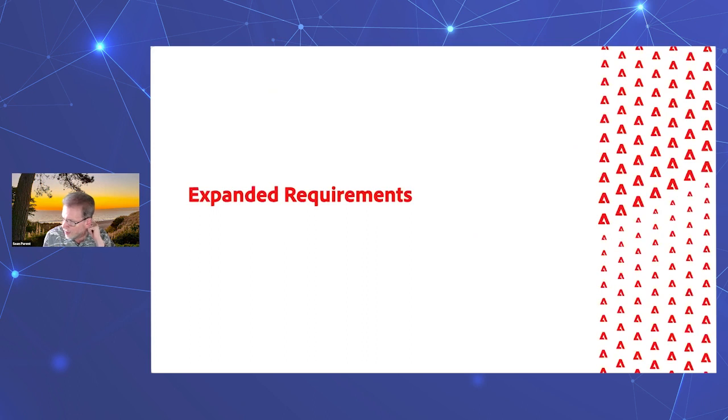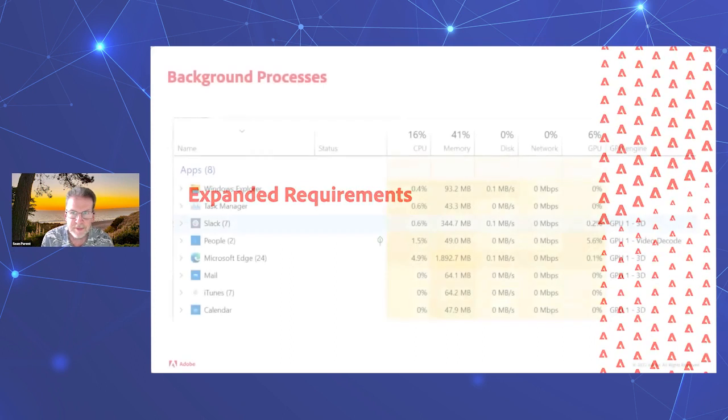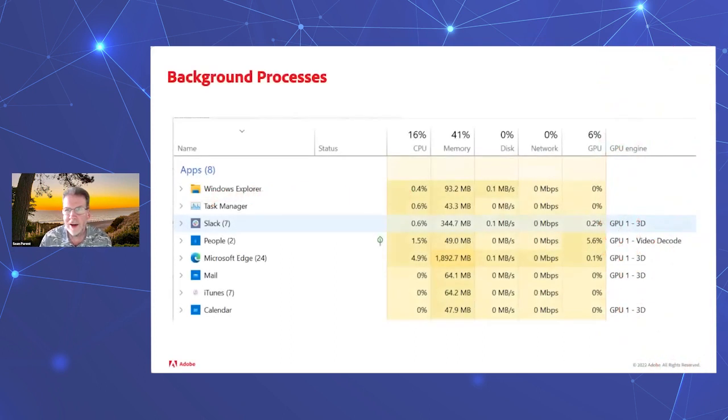And the next piece I wanted to touch on is expanded software requirements. I took a snapshot of my Windows box. I also took a similar snapshot on my Mac box, and both were about the same. My machine idling with the usual set of applications that you would find running, a browser, Slack, mail.